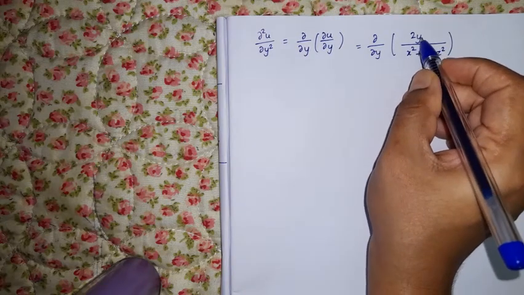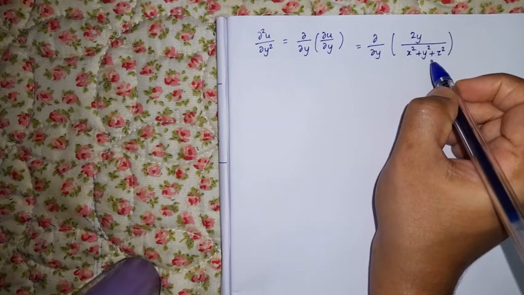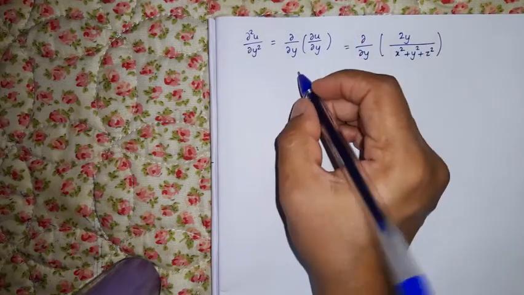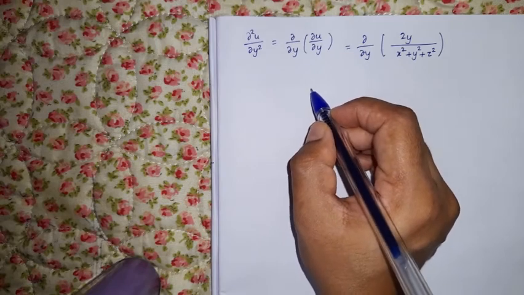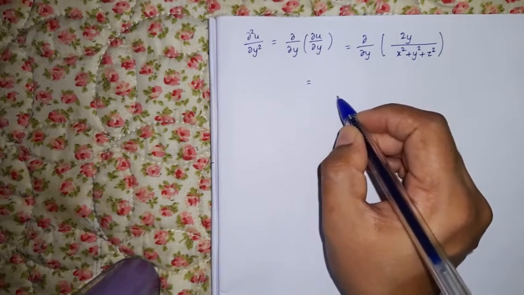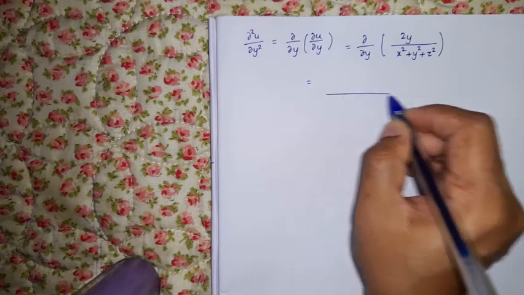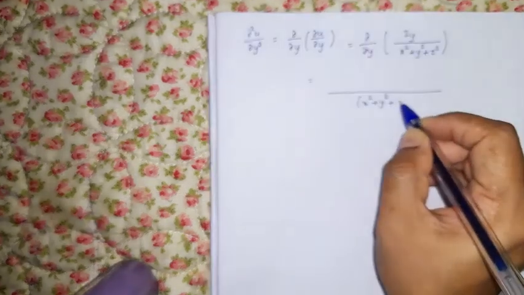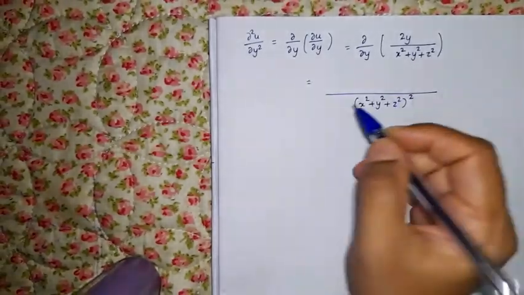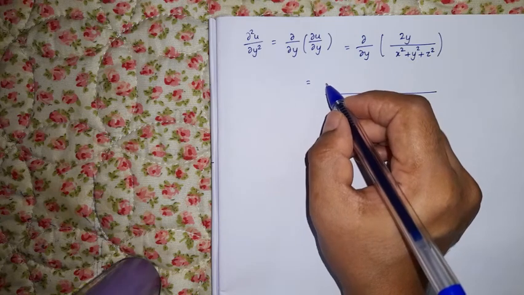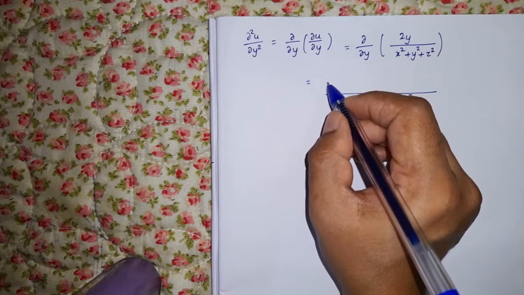You have y in both numerator and denominator, so you will be using the d/dx of u/v formula. Applying that formula here, in the denominator you will have v², so you can write that first. Then in the numerator you will have v into u' minus u into v'.